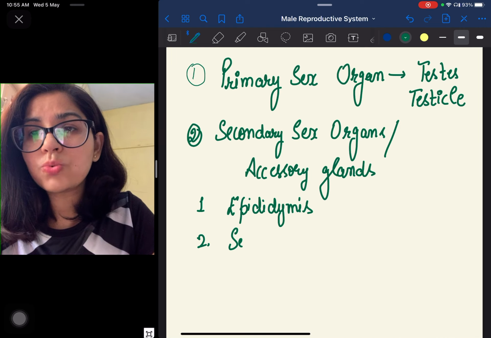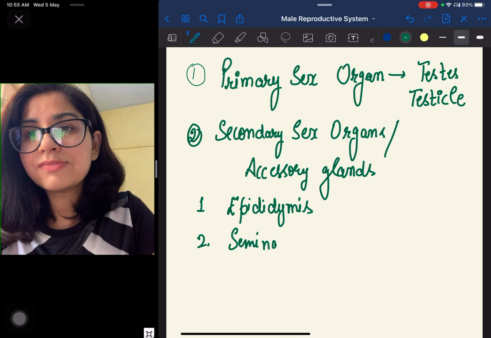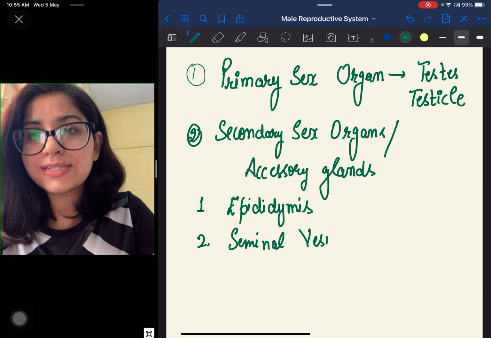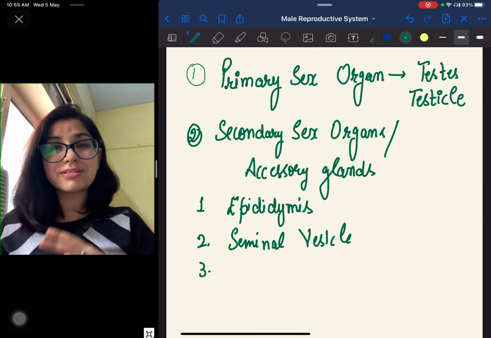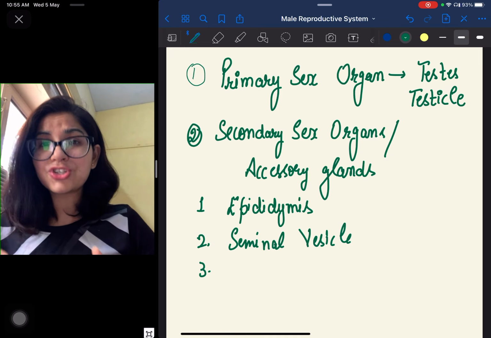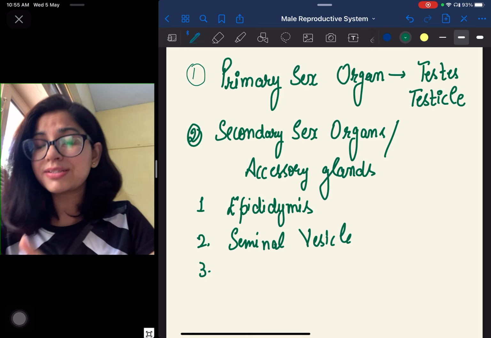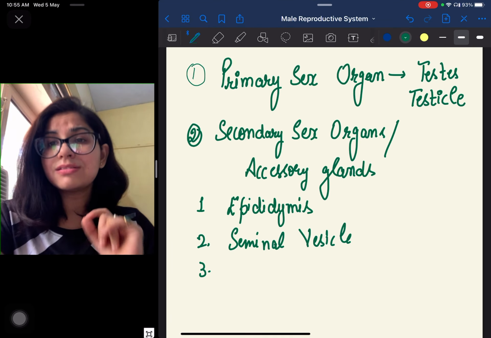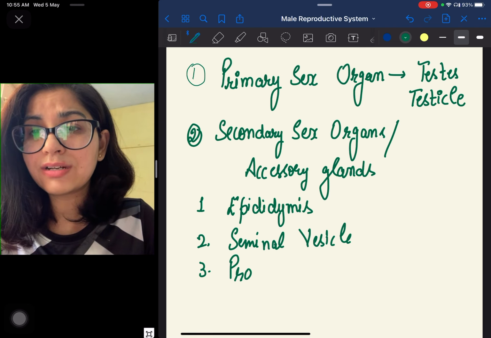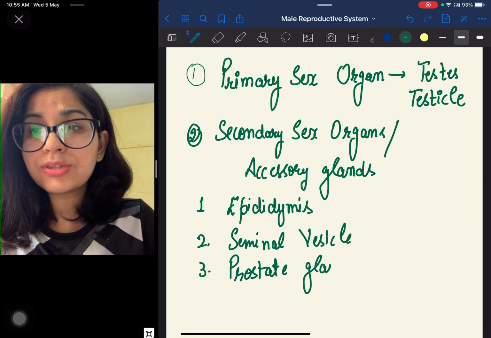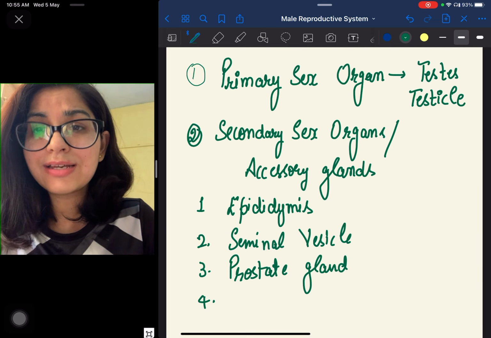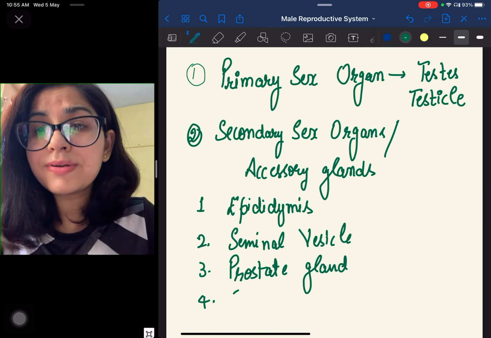The first one is the seminal vesicle, a very important gland. I'm not going to talk about their detail because this video is specially for the drawing part. The second important gland is the prostate gland in the males. And bachcho, the third gland is your Cowper's gland.